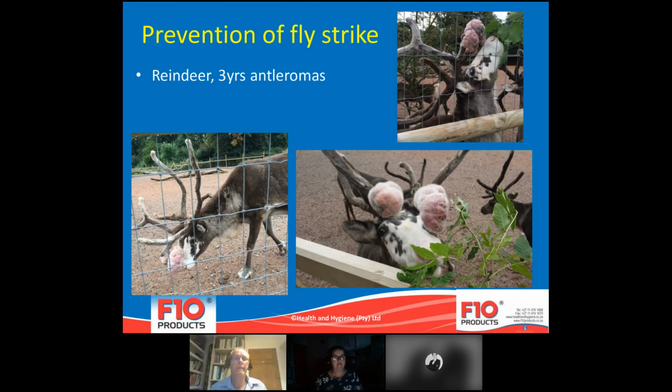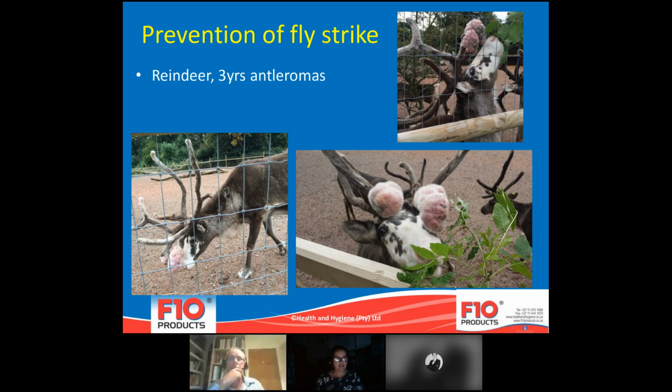Okay. And then preventing Flystrike. This is one of our reindeer up at Wild Place. This is a complication of castration. Normally you get the antler cycle where they go into velvet and then they harden and drop off. But in castrated males, you find that they stay in velvet for longer than they should, and sometimes they produce these growths called antleromas. The problem with this is that over time, the tissue breaks down and becomes necrotic, so they're very prone to getting Flystrike.